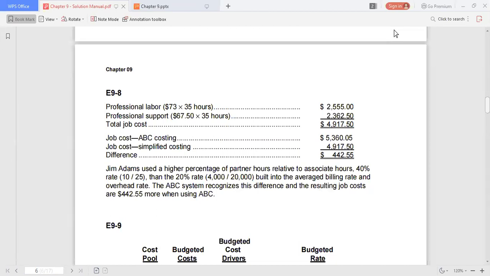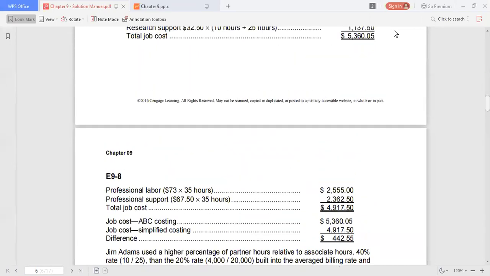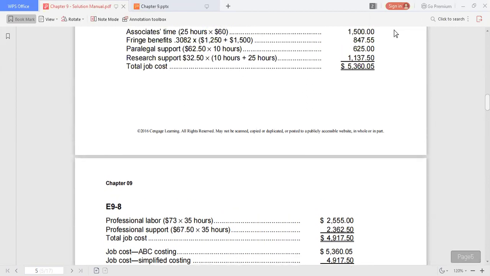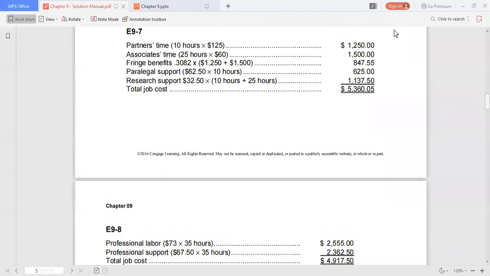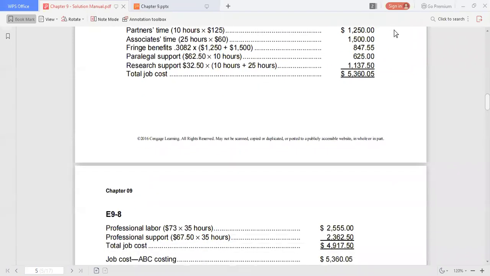It's higher under ABC costing. Now we have in E9-7 the cost under ABC of $5,360.05.